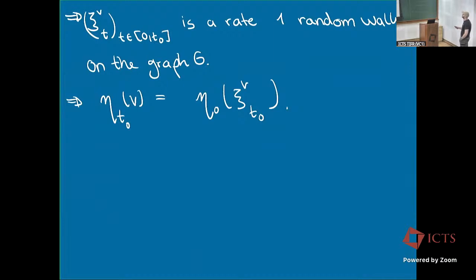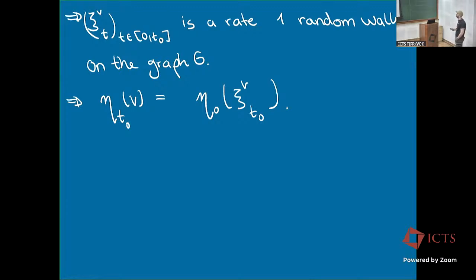So obviously, this is a rate 1 random walk. We just walk at rate 1 and uniformly choose a neighbor to walk over to. Of course, this is coupled to the voter model's forwards in time process. And this is what I just said: we can read off the opinion at time t0 as the opinion at time 0 of the position of that walker at time t0. So this is the first duality relation for a single vertex.